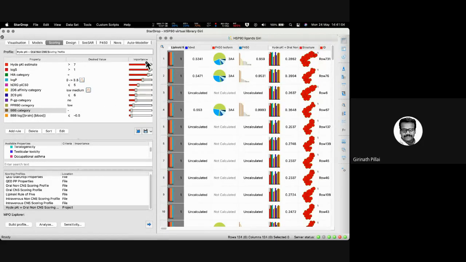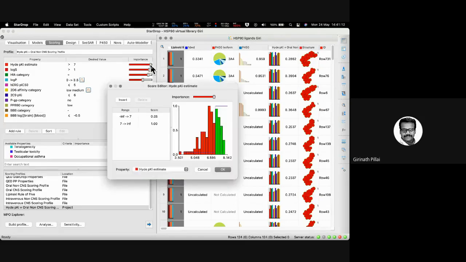Now, the next part is where I'm defining the importance. I'm going to prioritize, which is my scoring confidence. I'm saying any compound having activity data up to 7, I'm going to give a score of 0.05 because it's not of great importance. Still, I'm giving it so as to consider them.